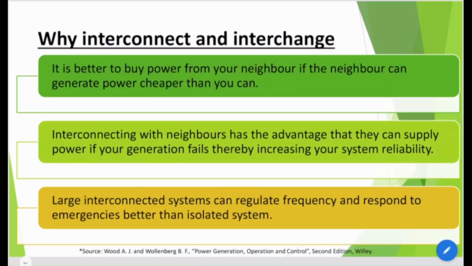My suggestion here is that interchange or interconnection not only allows you to operate with cheaper economic operation of your generation, but also can increase reliability. It can also help you to regulate your frequencies.